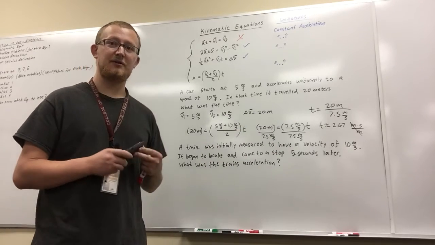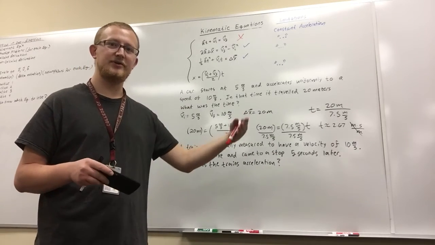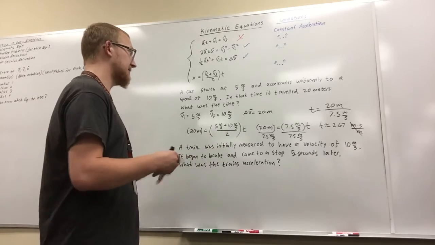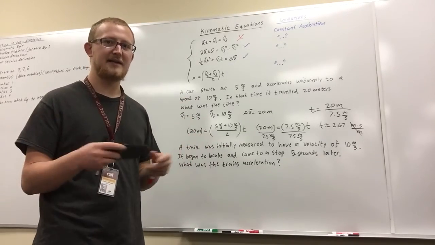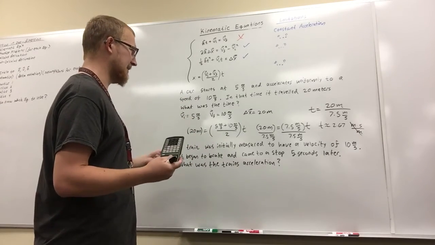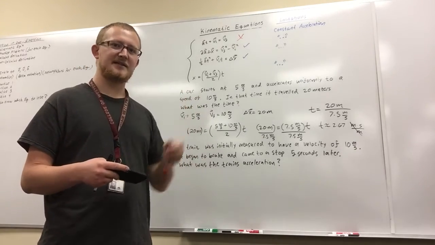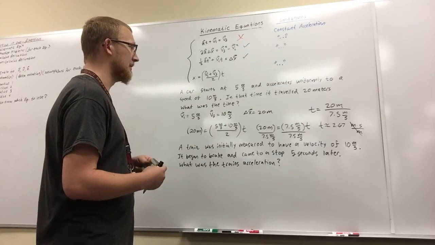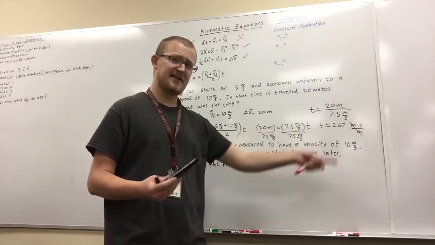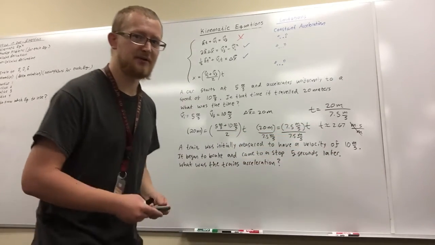To me, it looks pretty reasonable. It's not huge, it's not too small. Obviously, we don't know what kind of car it is. In the US, we tend to think of things in miles per hour, so meters per second doesn't always register for me. But I would say 2.67 looks like a reasonable amount of time.